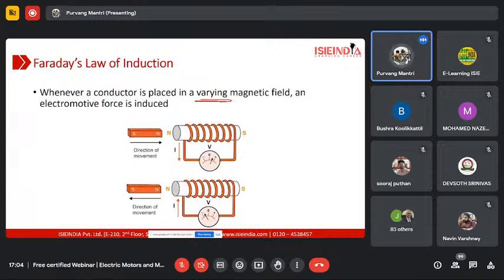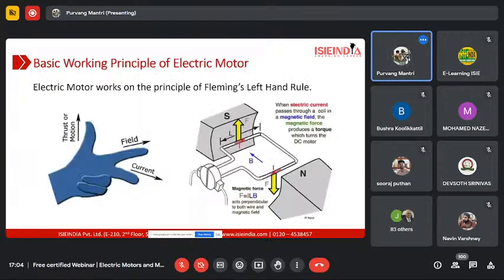Based on this law, a basic electric motor functions, and we have learned this working principle in our school times. We know that when we place a coil in a magnetic field and pass current through it, then according to Fleming's left-hand rule, the thrust will be generated in the upward direction, and it will make the coil rotate.